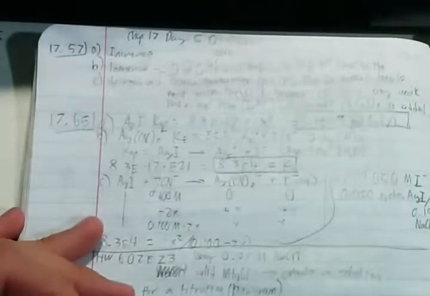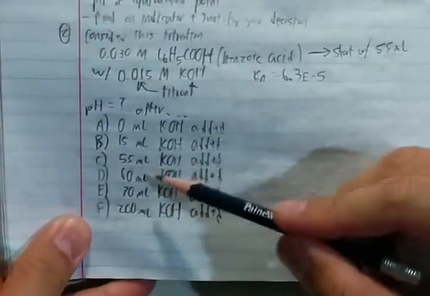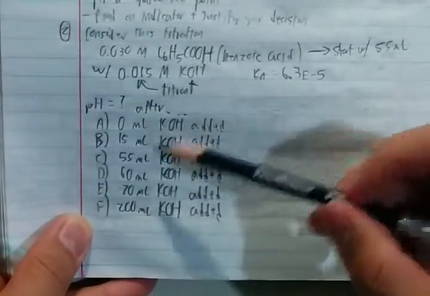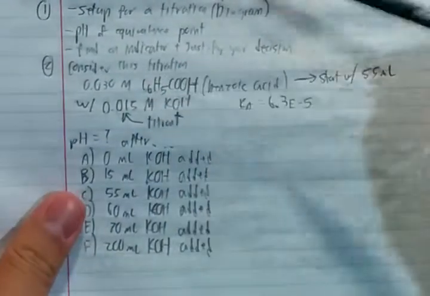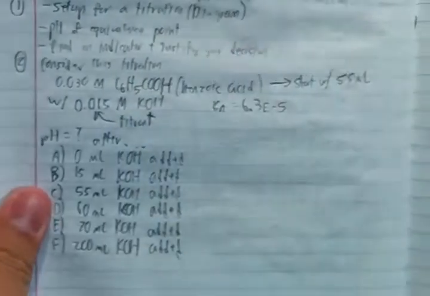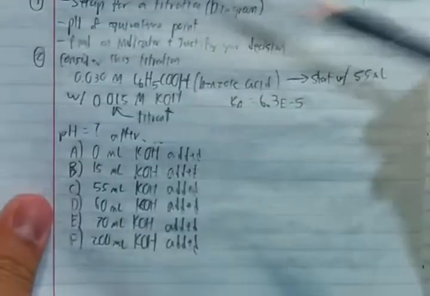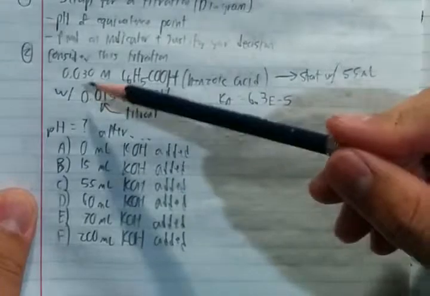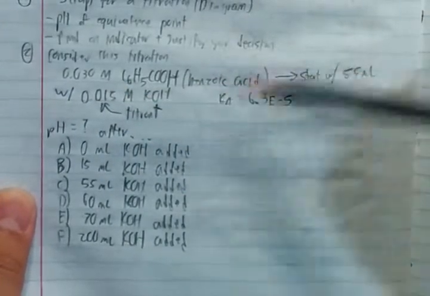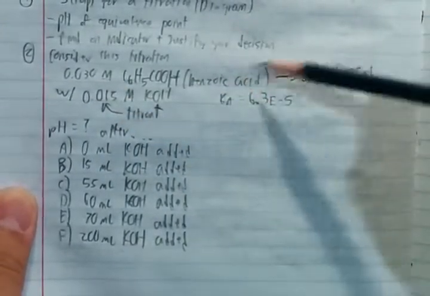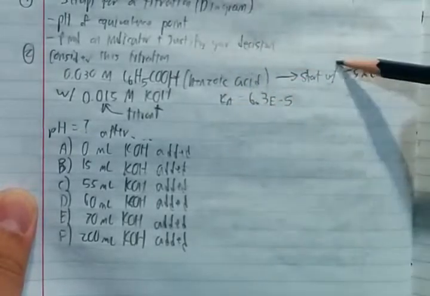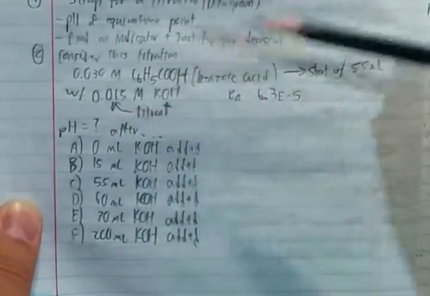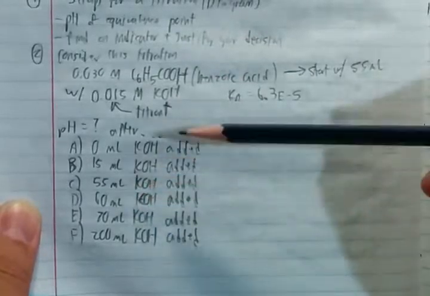So I know that there's 60 ml of KOH, and 60 times 0.015 is going to be less than 0.030 times 0.055. I just know this because the values just don't seem to match that well. Intuitively, I know that the 0.030 molarity benzoic acid is going to be a higher mole content than the 0.015 molarity KOH with the 60 milliliters of KOH.